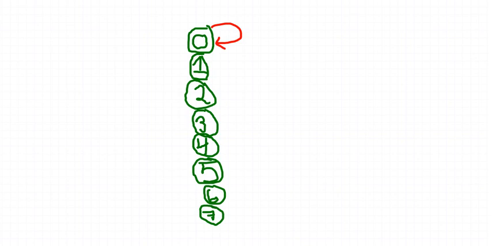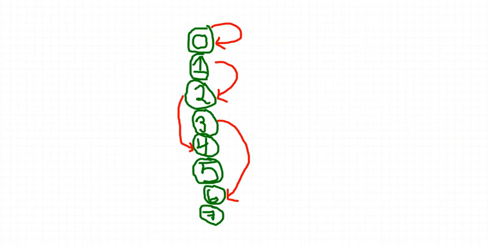Processor 1 will be connected to processor 2. Processor 2 will be connected to processor 4. Processor 3 will be connected to processor 6.